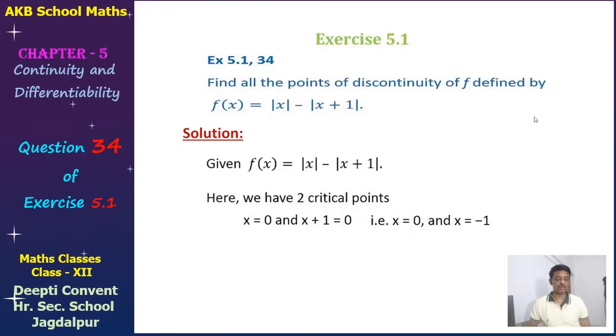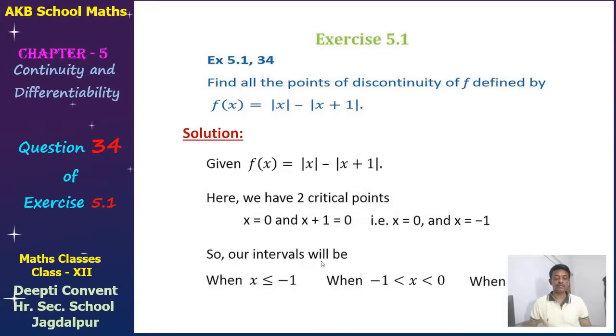Now the whole real line is divided into 3 parts at x equals 0 and x equals minus 1. So our intervals will be x less than or equal to minus 1, x lies between minus 1 and 0, and x greater than or equal to 0.